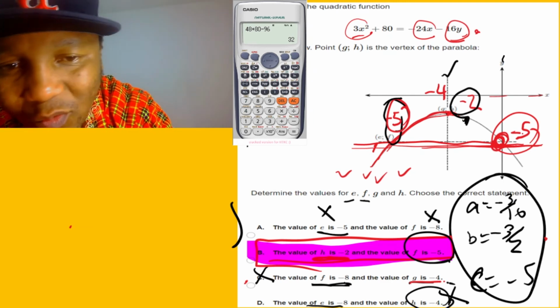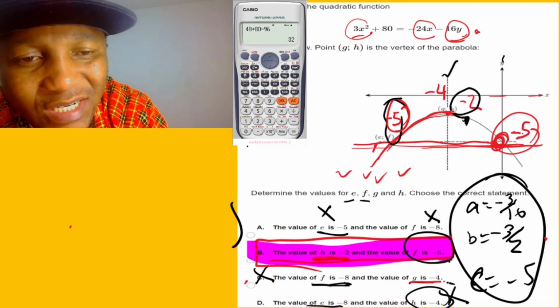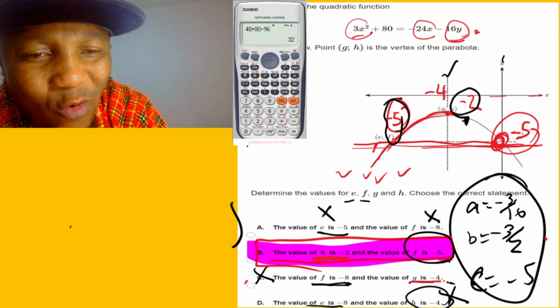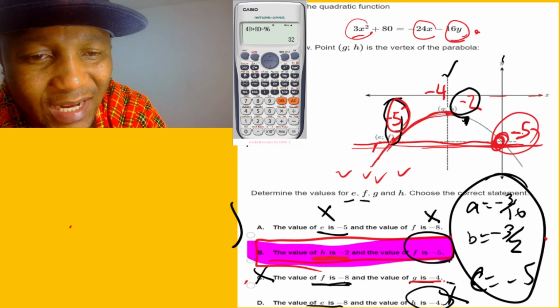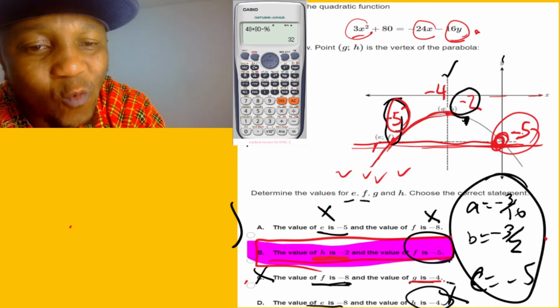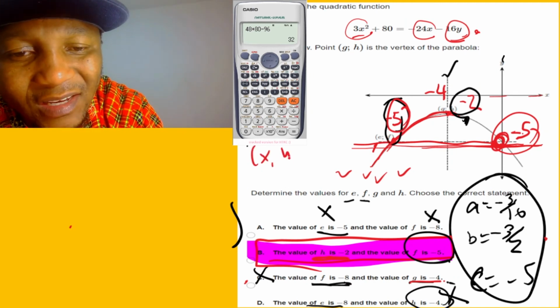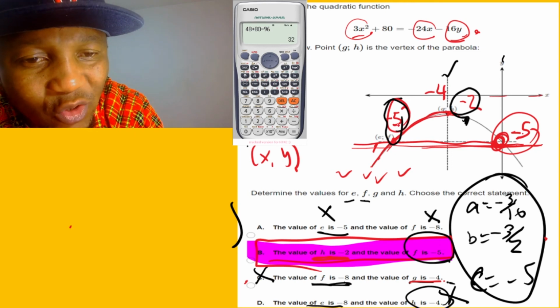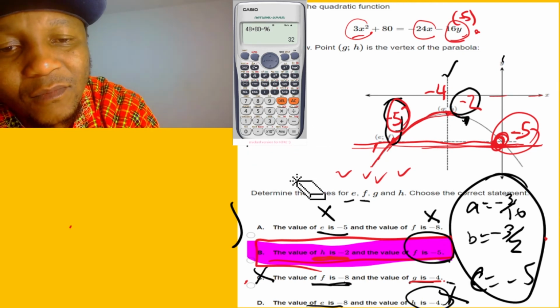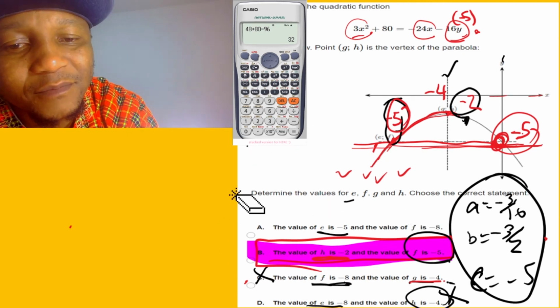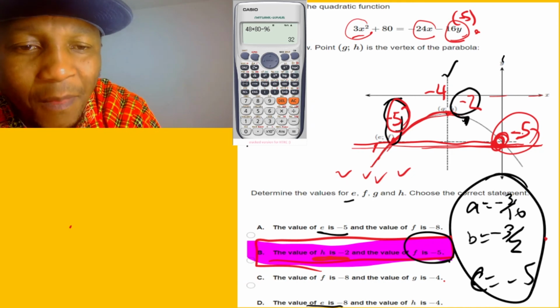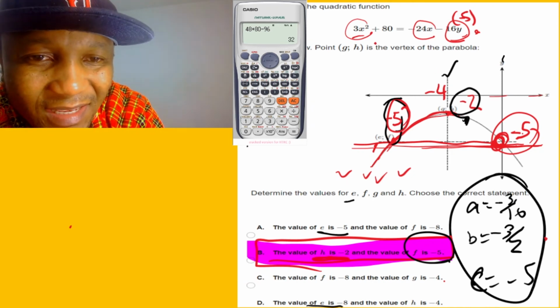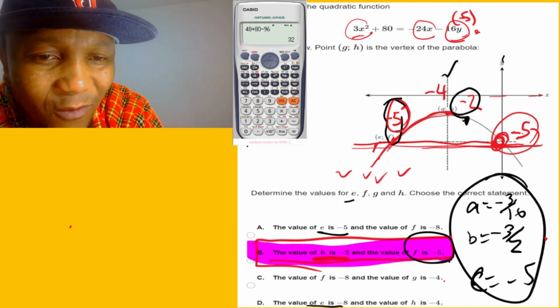Because whenever you have a turning point, just like we did here, this F lies on a quadratic. Can you see it's on the quadratic? So let me take the value of F, which is Y, because in any coordinate you have an X and Y. So the Y, which is F equal to negative 5, means here is going to become negative 5 times negative 16. You see what I'm saying? And then we can solve it, and this is going to give us the value of E.